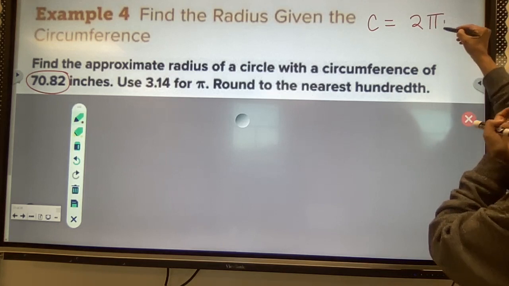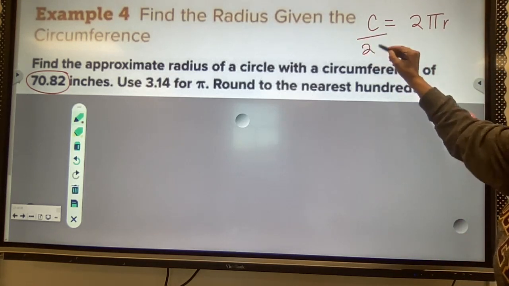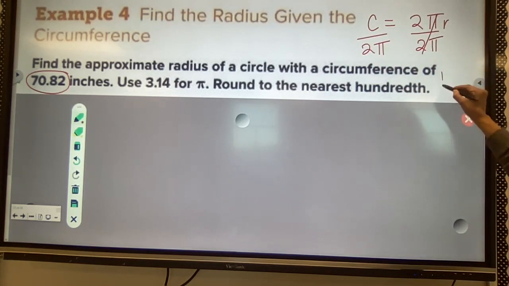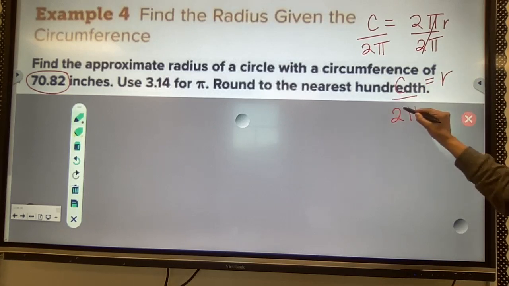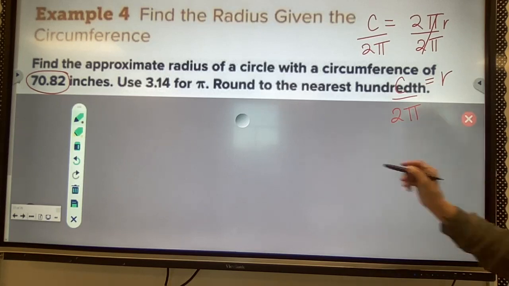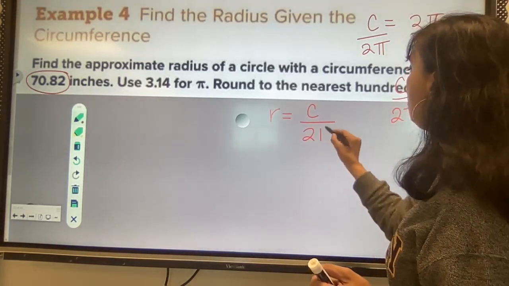That's what it was earlier. So when we calculated the radius, we divided this, and we got radius is equal to circumference divided by 2 pi. So we are going to use this formula now. Radius is equal to circumference divided by 2 pi.